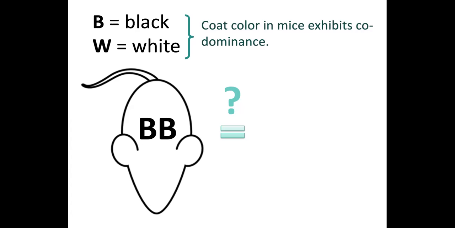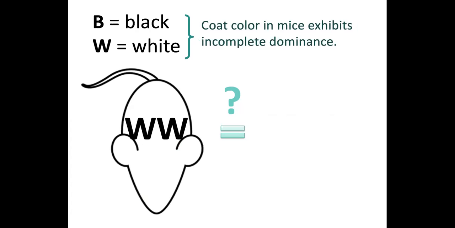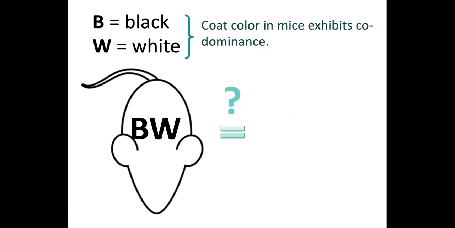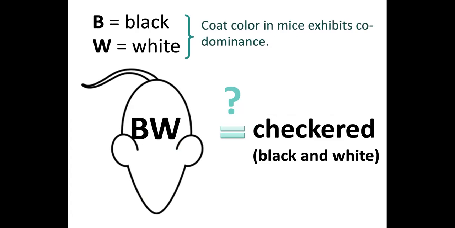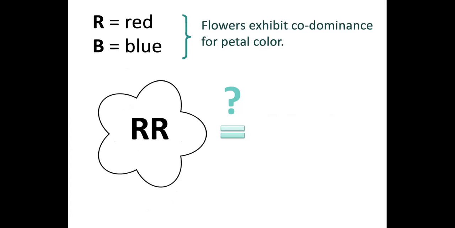So if we have BB, it is black. WW, white. BW, black and white, okay? R is red, B is blue, RR, BB, blue, RB, red and blue, very good.